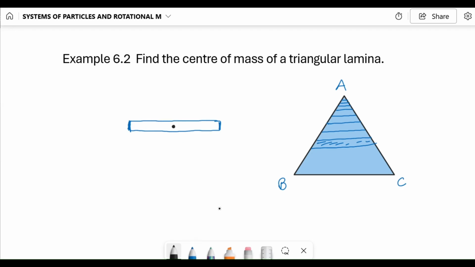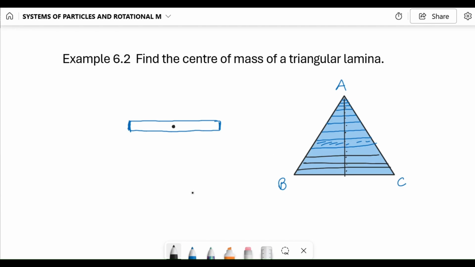In the same way, for all other strips, the center of mass will lie in the middle. So for each and every strip, the center of mass is lying in the middle, and then we can say the center of mass of this lamina should be along this line, which is passing through its middle.